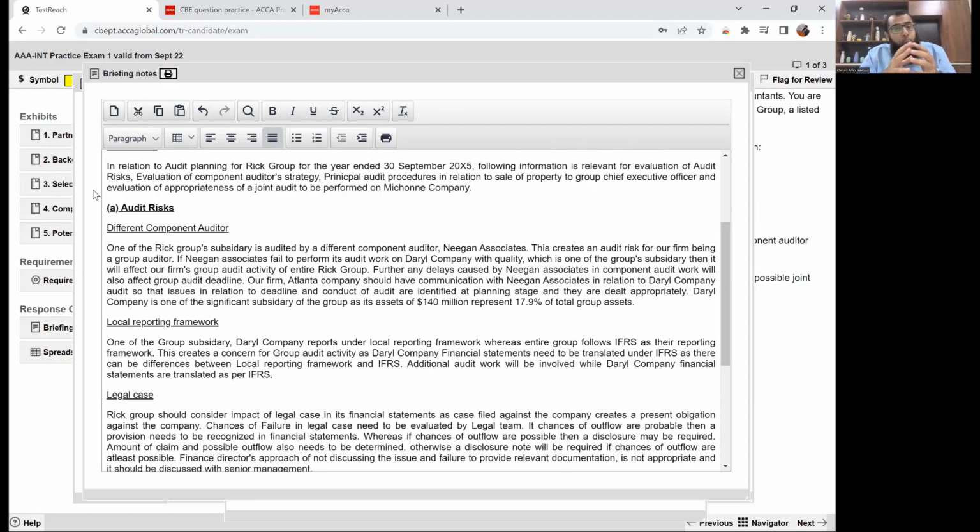Now, this is what you do. While you read the entire point, you pick up different information and you add it in your points.